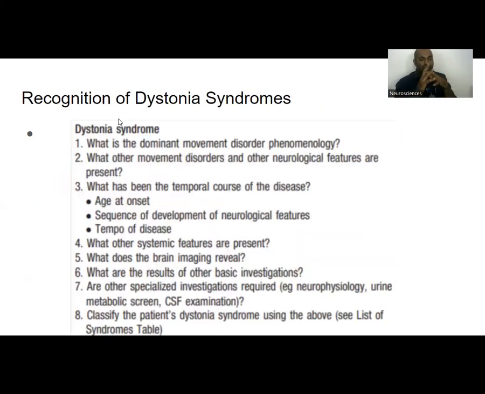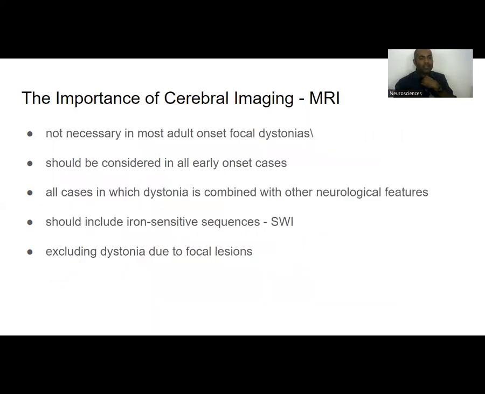After we go through this axis one, we have to make a dystonia syndrome. What is the role of cerebral imaging, MRI? It's not necessary in most adult onset focal dystonia.